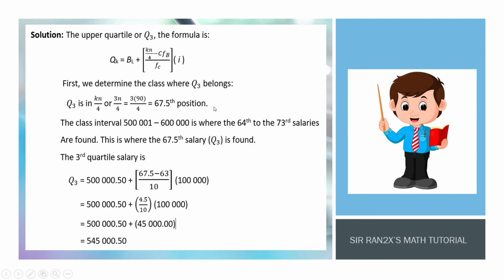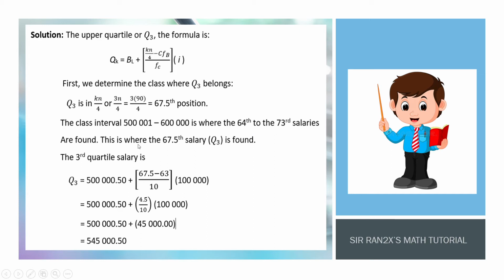So we will try to check that. Here it's already given in the solution. The class interval where we can see that the 67.5 position is at is 500,001 to 600,000. That's where the 64th to 73rd salaries are found.